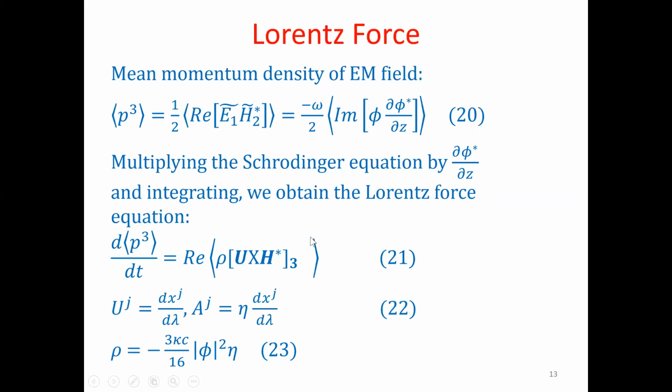we obtain the Lorentz force equation in this form here. Here rho is the effective charge density and u is the three-dimensional velocity vector, and these are the expectation operators here. In classical electrodynamics, if you place a charge moving at some speed u in the magnetic field H, it experiences a Lorentz force.